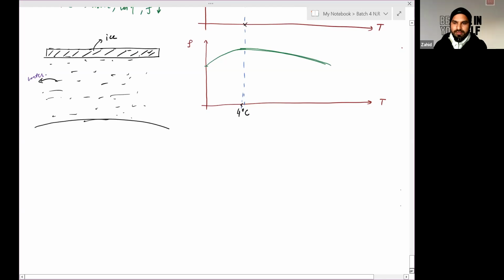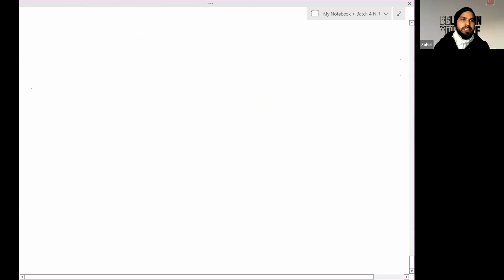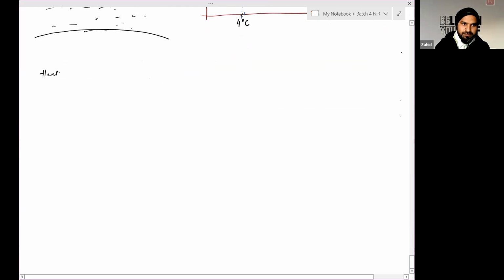Let me ask you a conceptual question related to this part. Heating of liquid in a vessel.